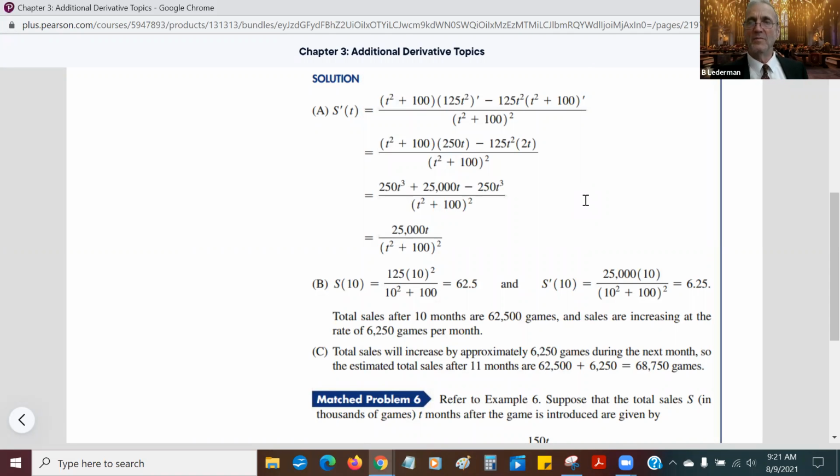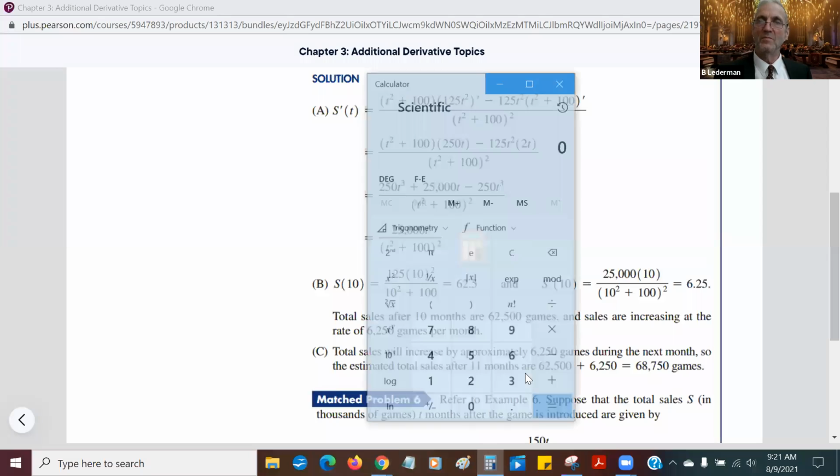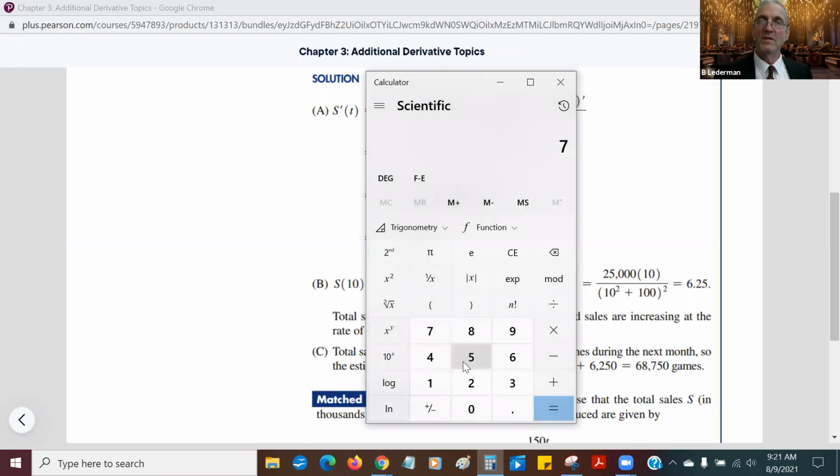Anyway, that doesn't seem right. Something doesn't add up. I must have hit the button wrong. Let's try that again. 750 minus 439. Oh, 311, not 711, 311. So 300 out of 68,000.